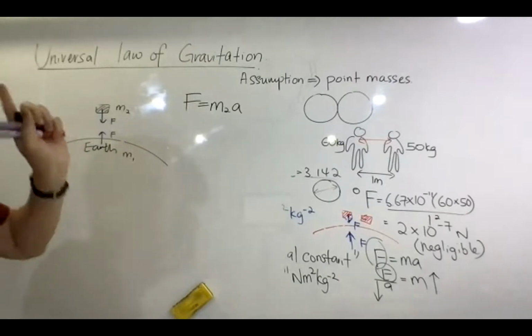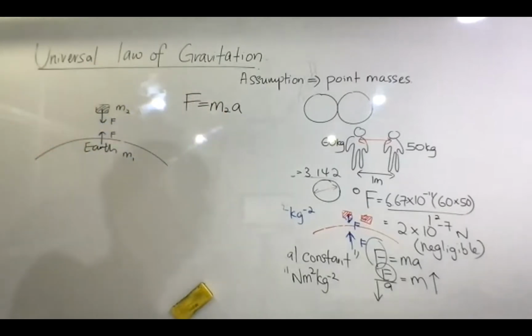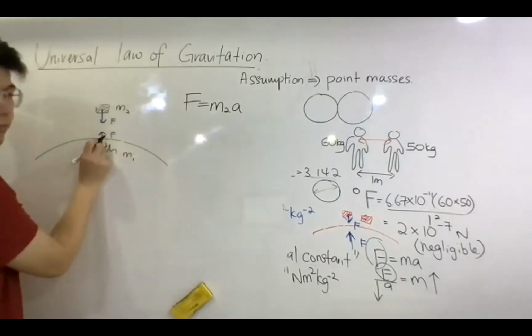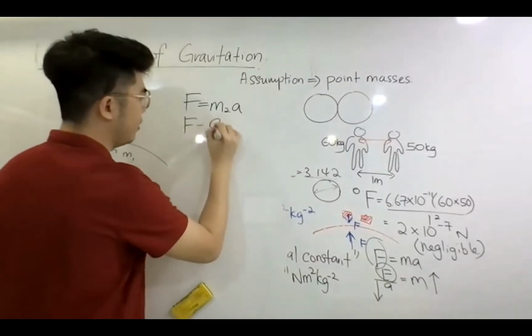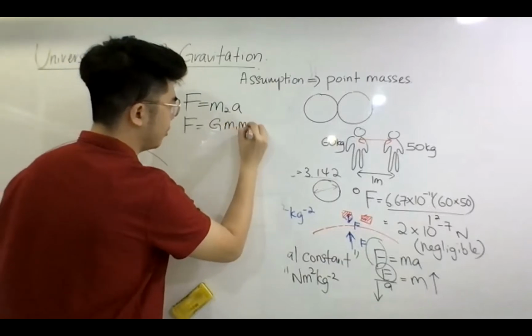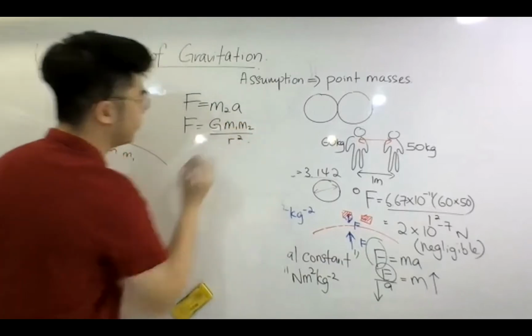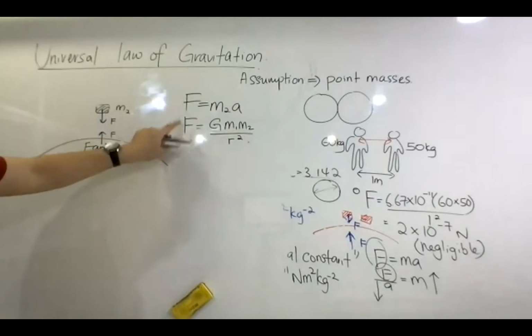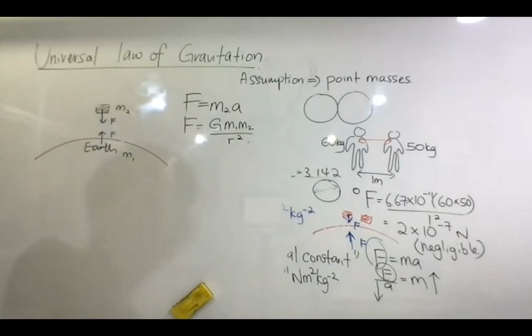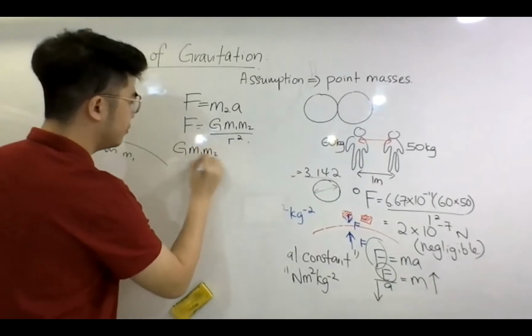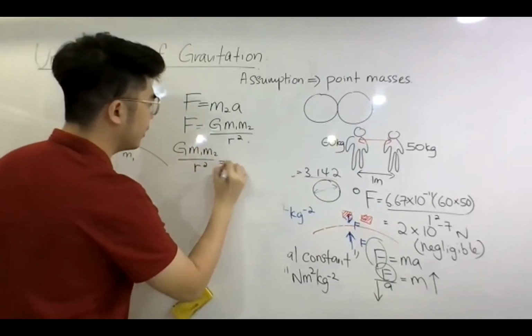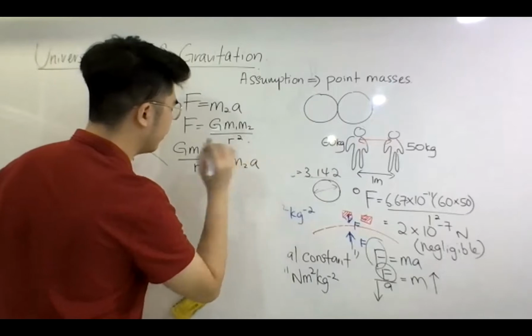Now, based on Newton's law of gravitation, we also know that the same F is G m1 m2 over r squared, right? So that means I can make this one the same as this one, G m1 m2 over r squared equals m2a.